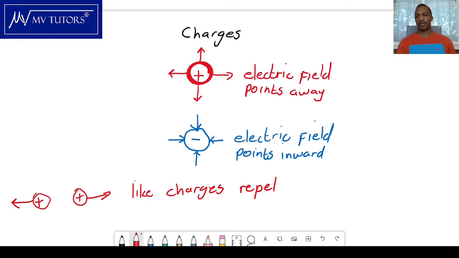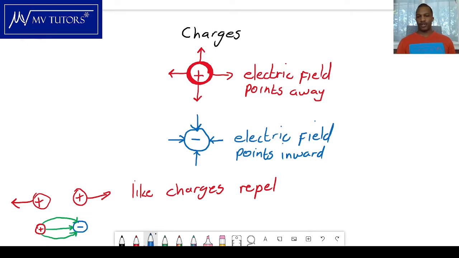But now let's say you have a positive one and a negative one. What's going to happen here? They actually attract each other, just like that.